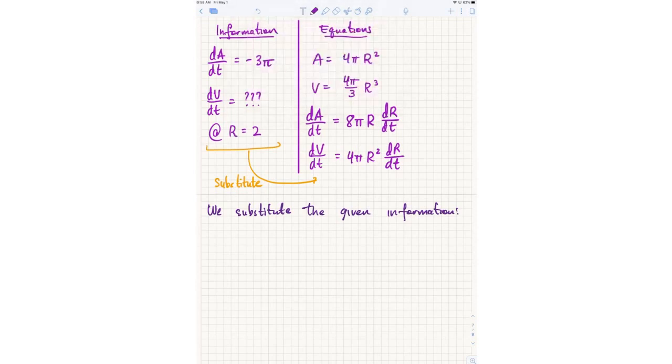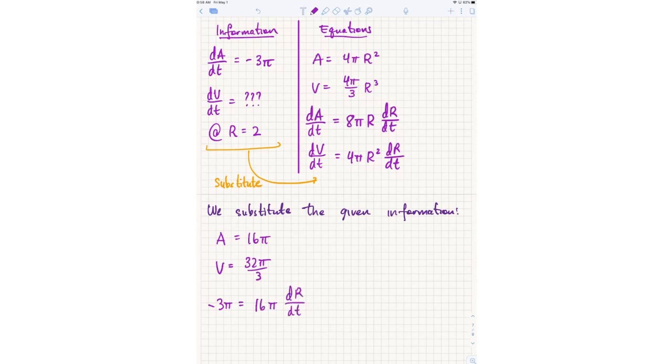All right, so the first equation becomes, if r equals 2, A is 16 pi. That doesn't really help us. V is 8 times 4 over 3, so 32 pi over 3. Again, that doesn't help us. The third equation gives us negative 3 pi equals 16 pi dr dt.